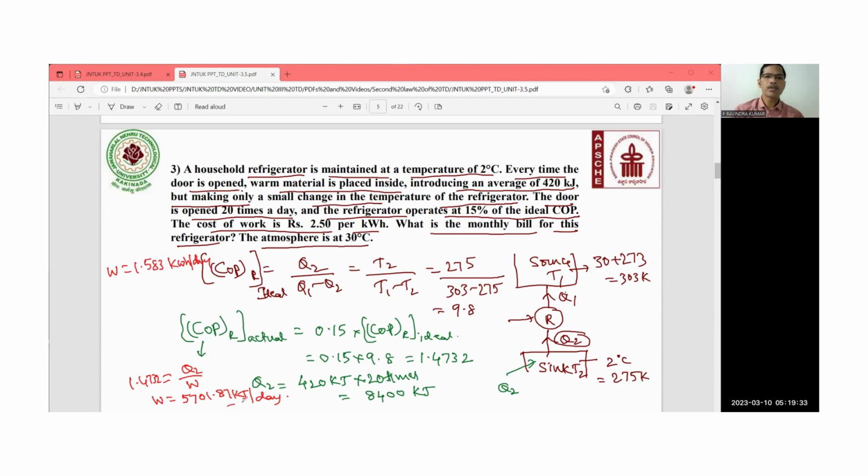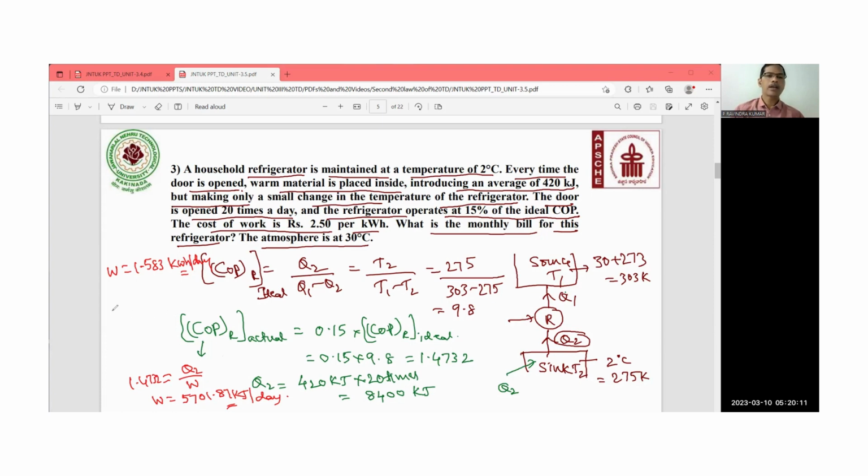This was kilojoules per day, but if you want it in kilowatt hours, per day means 24 hours. So try to look at that particular case: 5704 divided by 24, you will get kilowatt hours per day.